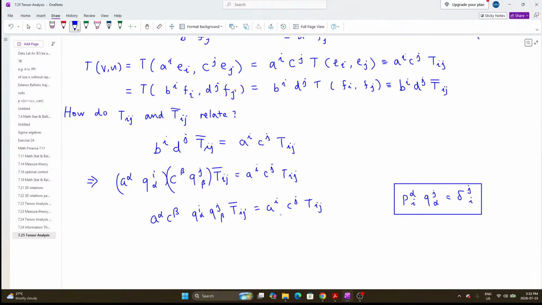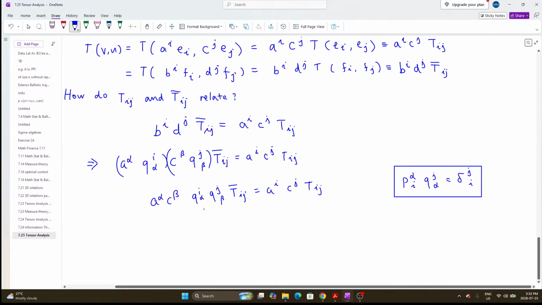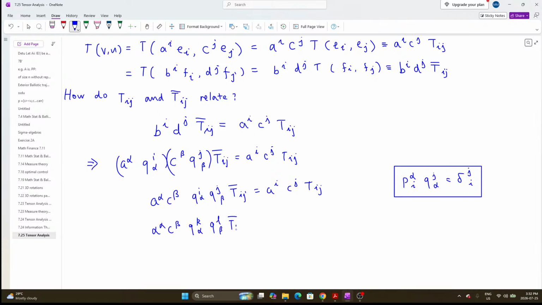So let's swap that. So A alpha C beta to be Q. I want to swap I to something else, say K. QK alpha QL beta T bar KL. Okay, so nothing has changed.